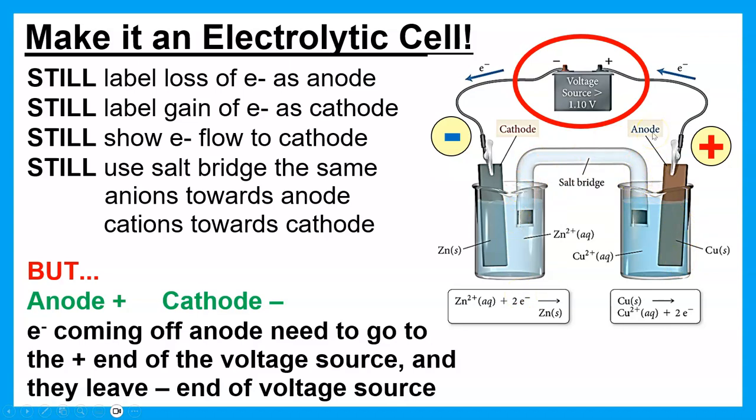Ox is still losing electrons, and red cat is still gaining electrons. And then the very last thing is swap the plus and minus, because it's electrolytic and we're using those terms of electron rich and electron deficient a little differently, aren't we? Okay.